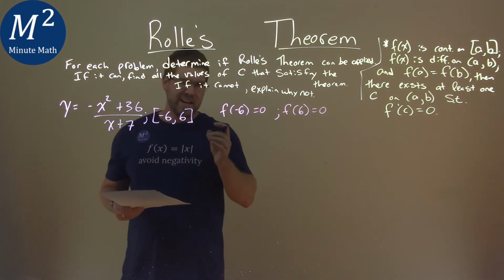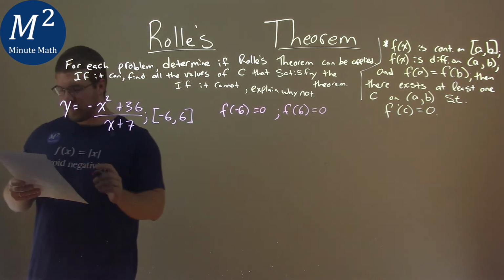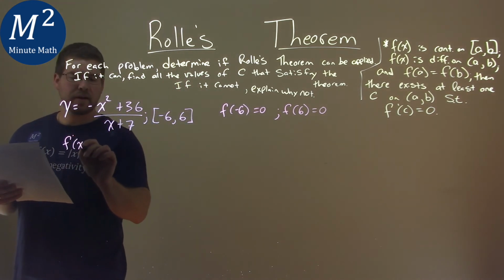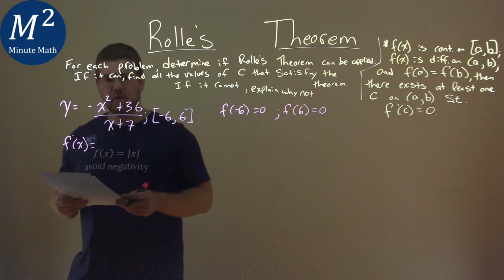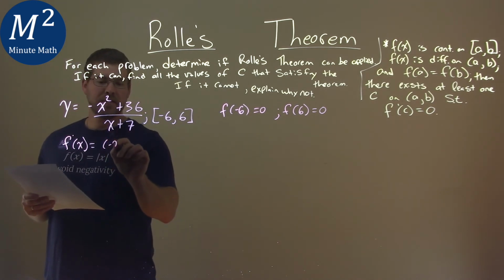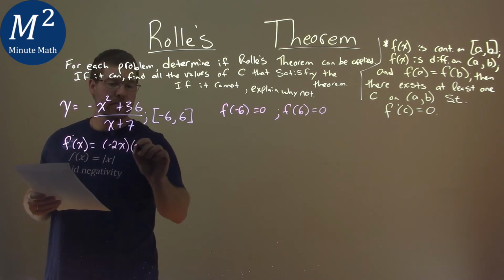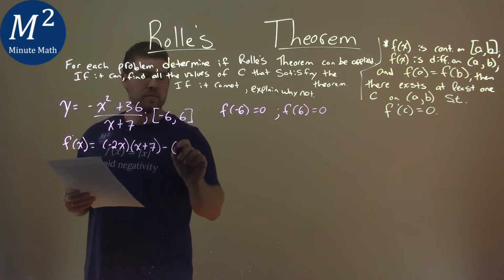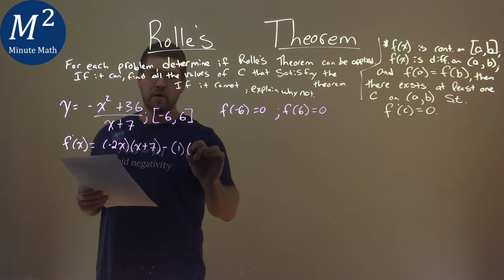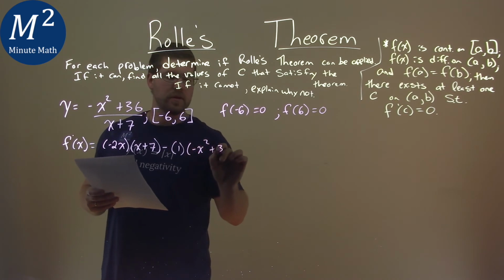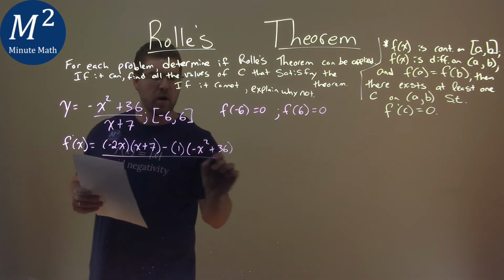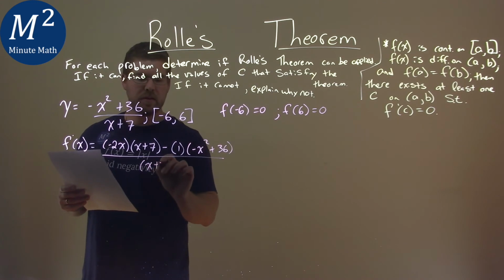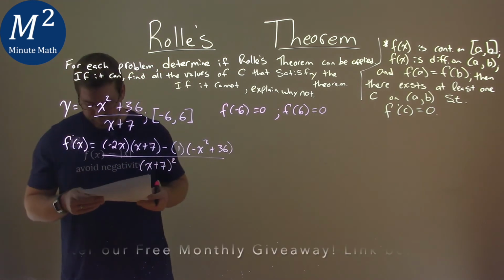All right, we now need to find our derivative. f prime of x is equal to the derivative of the numerator, which is -2x, times the denominator, x plus 7, minus the derivative of the denominator, which is 1, times the numerator, -x² plus 36, all over our denominator, (x plus 7) squared.